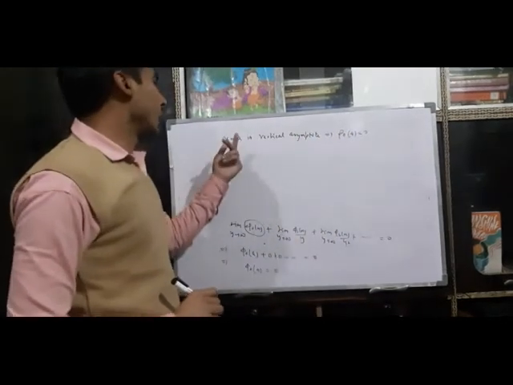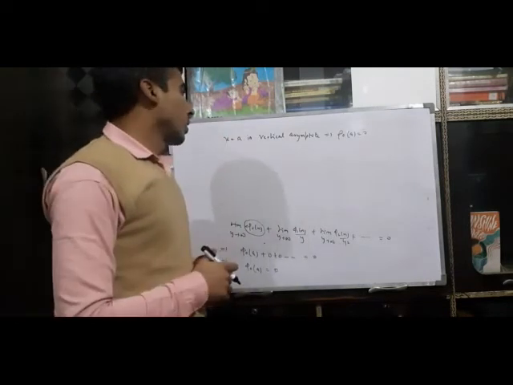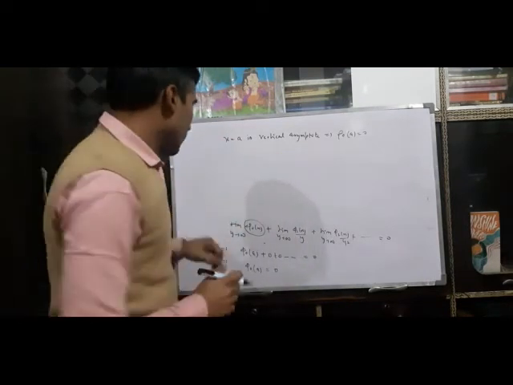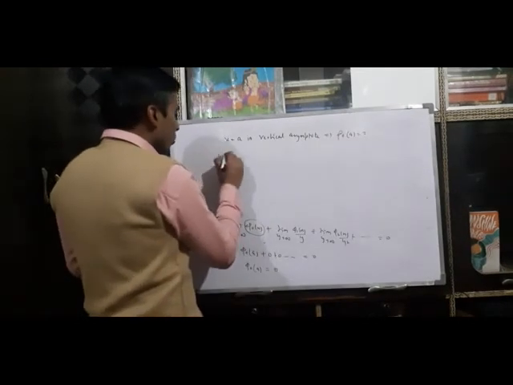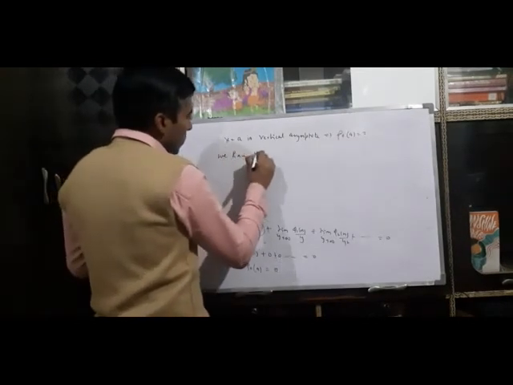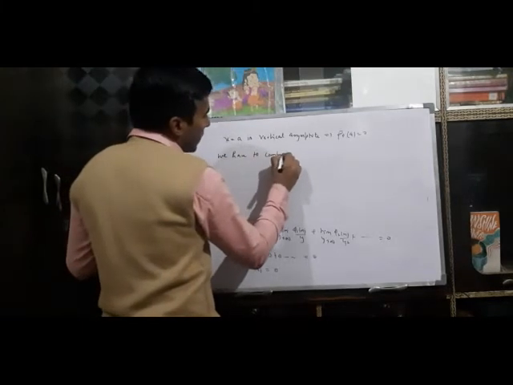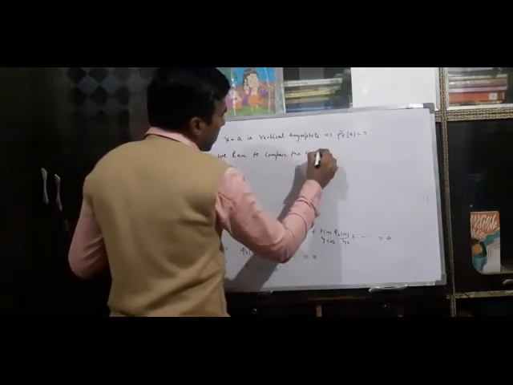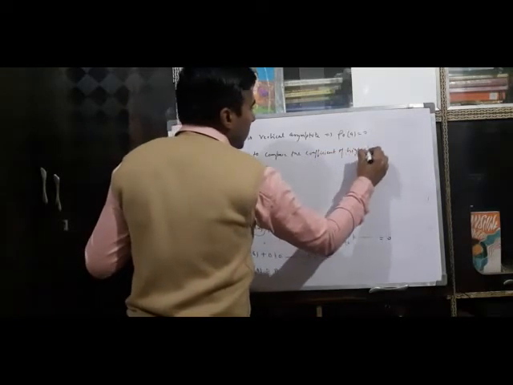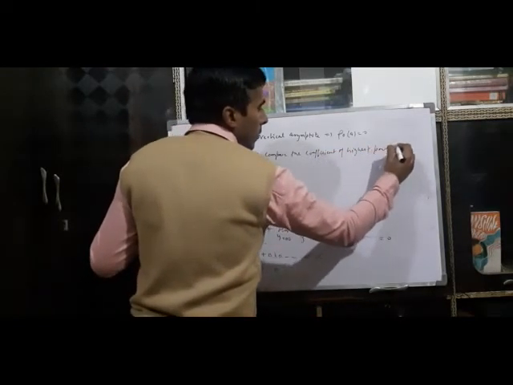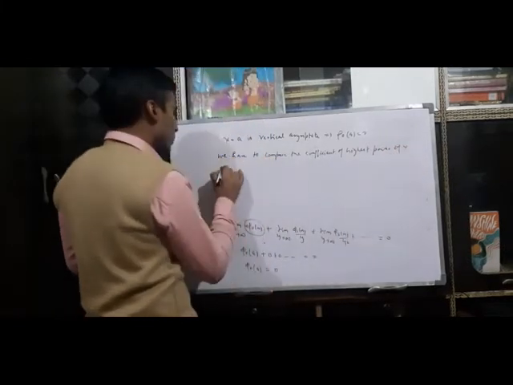So for determining this vertical asymptote, what we have to do is compare the coefficient of the highest power of y with 0.